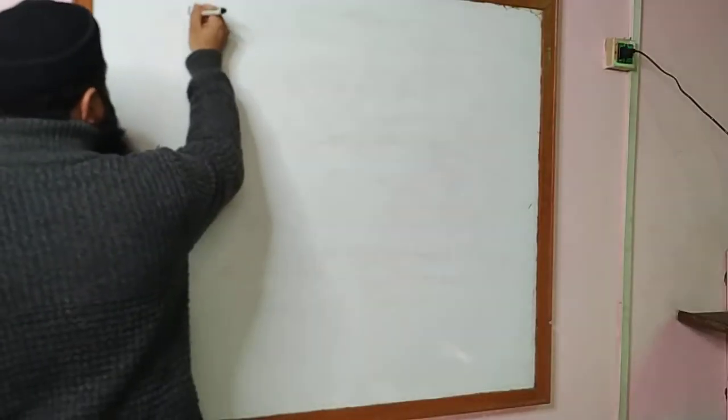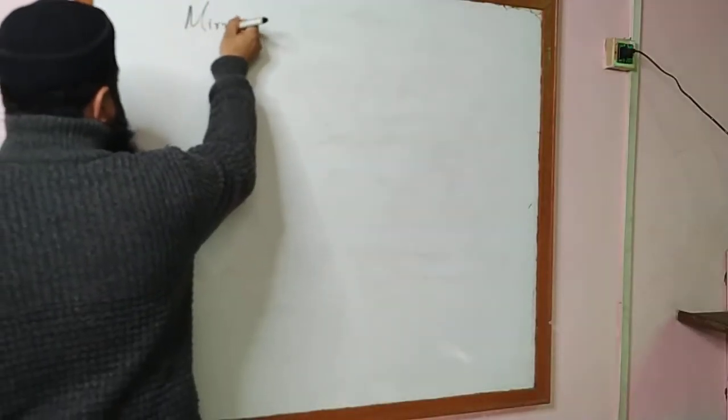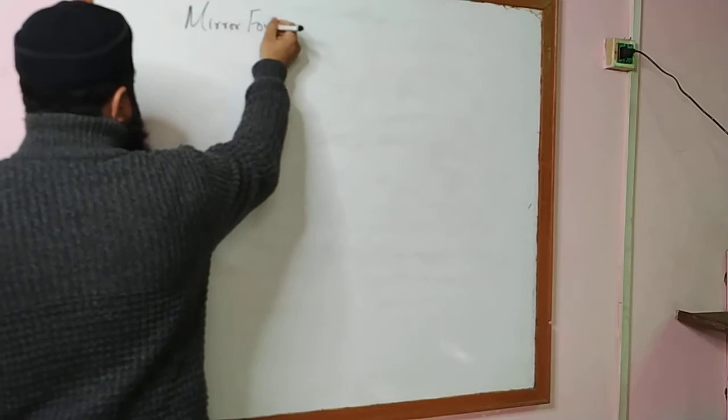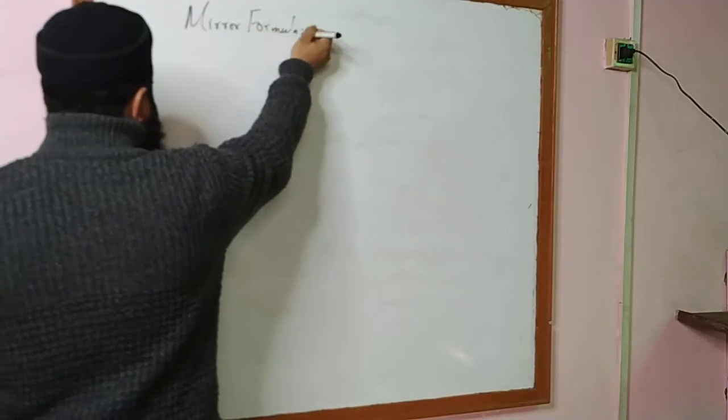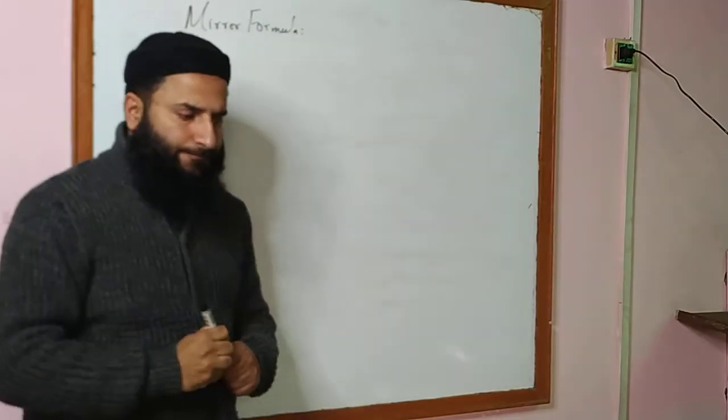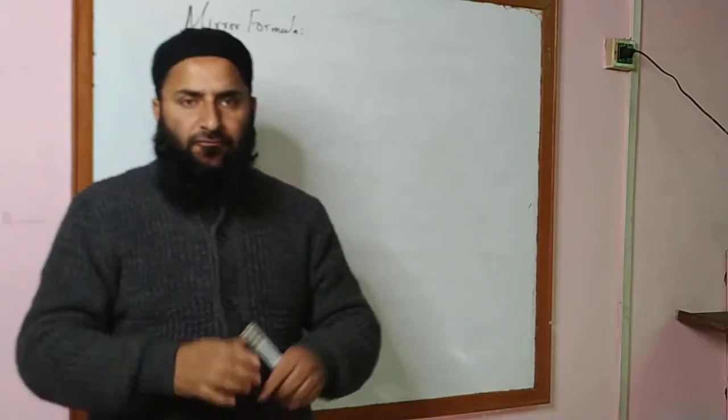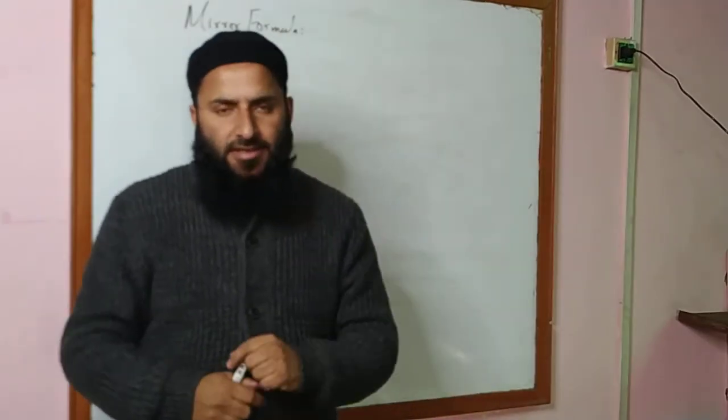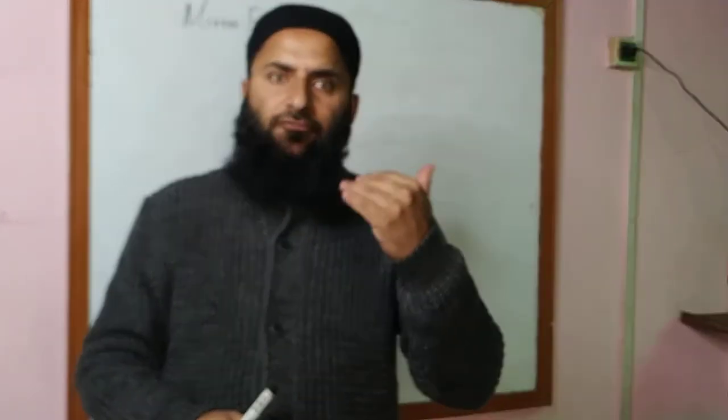Now the topic is mirror formula. Mirror formula is a formula which relates object distance, image distance and focal length of a curved mirror.